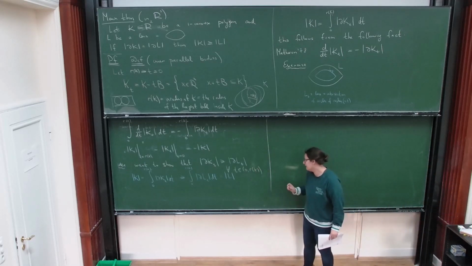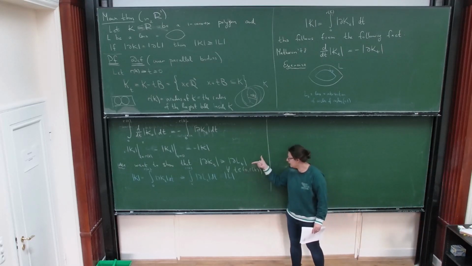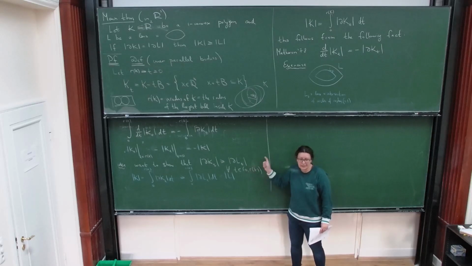Now, I claim that if we look at this relation, it's actually enough to show it only in a small neighborhood of 0. It doesn't have to be on the entire interval, then it will follow.